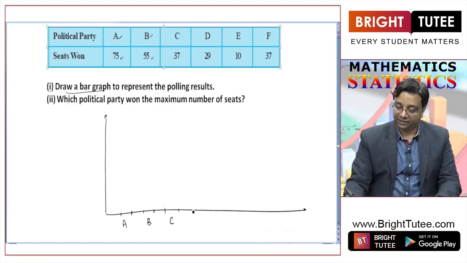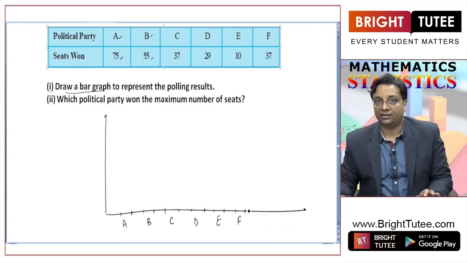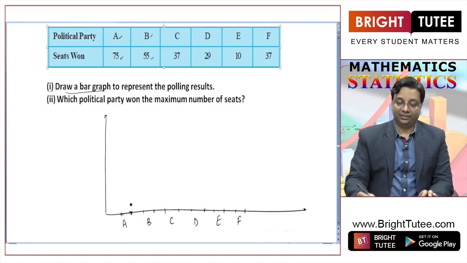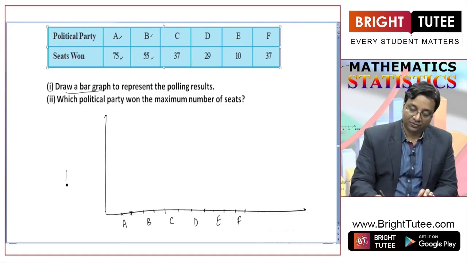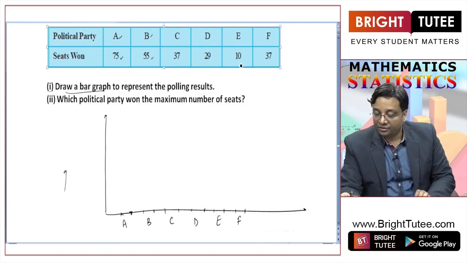For party C, D, E and F. So I have taken the widths of these bars, rectangular bars, as uniform widths of 1 centimeter each. Okay, so now I need to decide their heights, which will be given on this vertical axis. So heights start from 10 and then go up to 75.